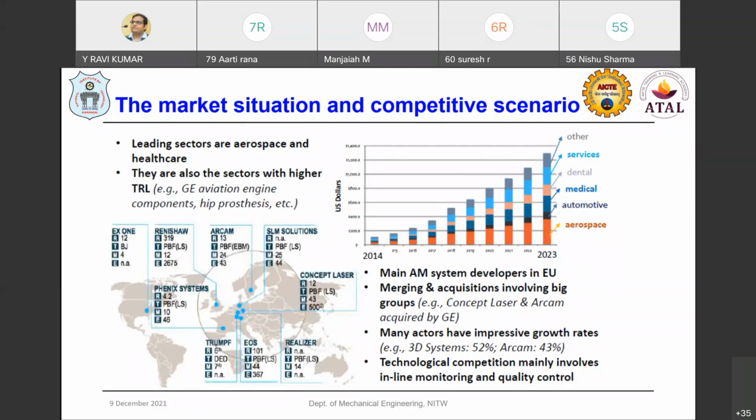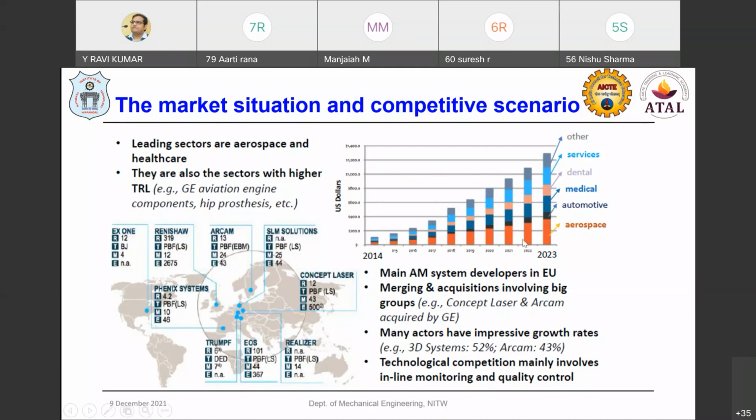These are the systems, the additive manufacturing machines made by these European companies as well as US companies, and they are the leading manufacturers for the aerospace as well as healthcare sectors.